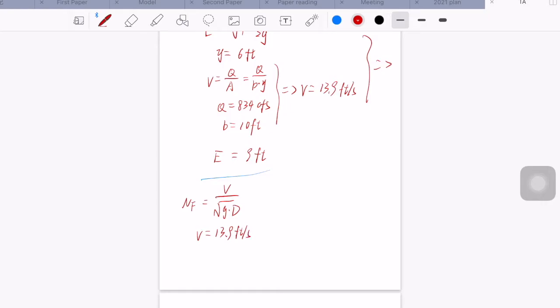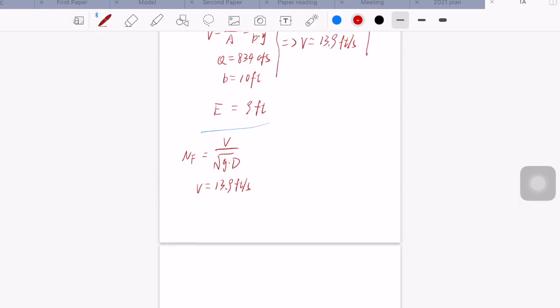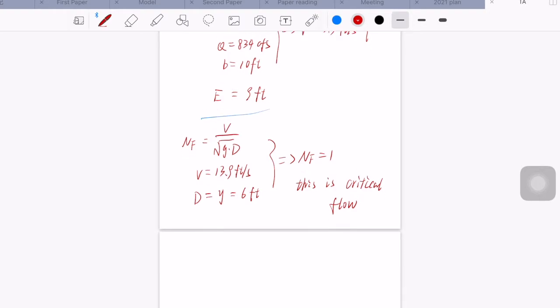This is a rectangular channel, so the hydraulic depth D equals the depth of the flow, y equals 6 feet. So we can determine the flow number NF equals 1. So this is critical flow.